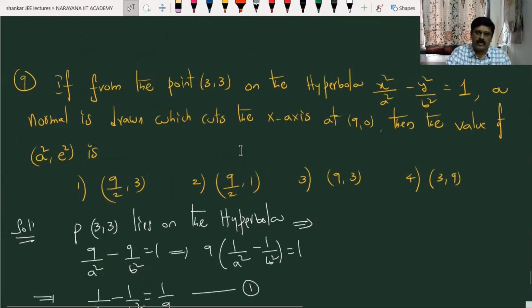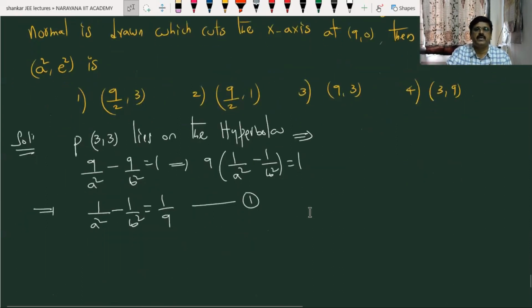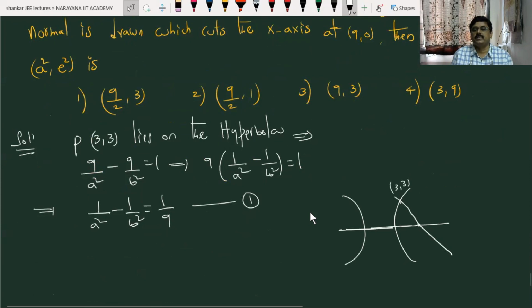Now, what is happening there? From this so-called point 3 comma 3, we are drawing a normal, okay, which cuts the x-axis. So just a rough sketch will be like this. From that point 3 comma 3, we are drawing a normal like this. It is a transverse axis, which cuts the x-axis at 9 comma 0. Okay, right. Next line.